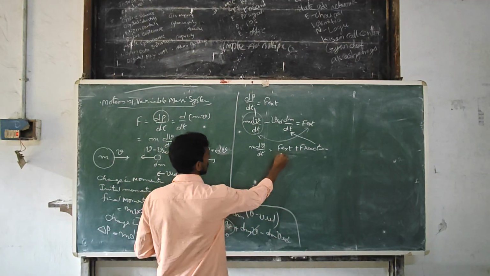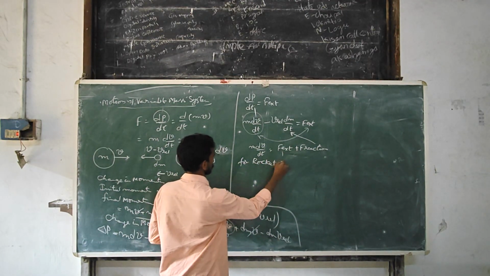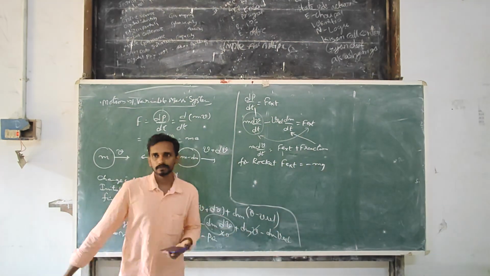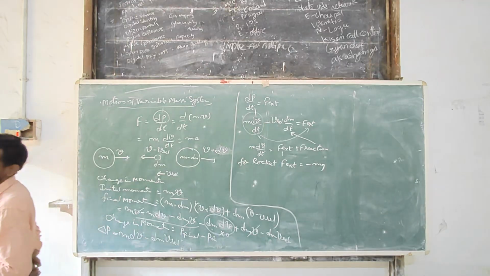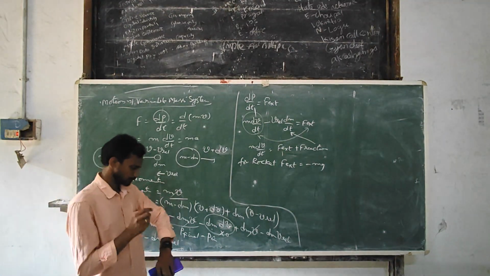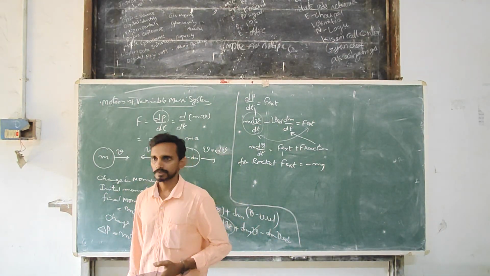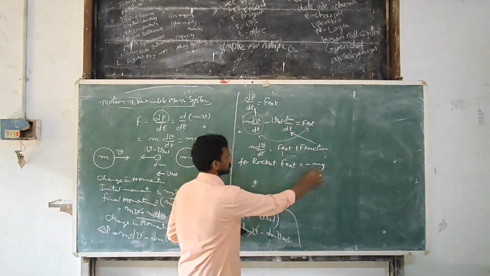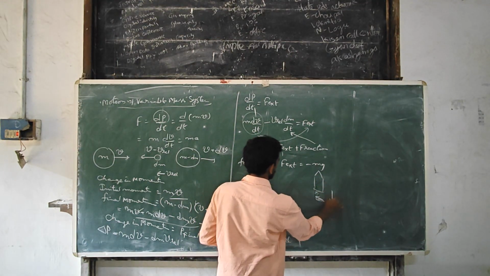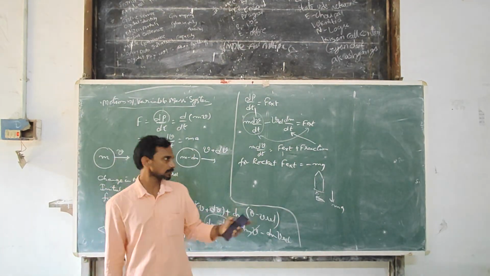So there is this external force. For the rocket case, the external force is mass times gravity, that too downwards. Since the rocket is moving upwards, there is a downward gravity, which we write as minus mg.